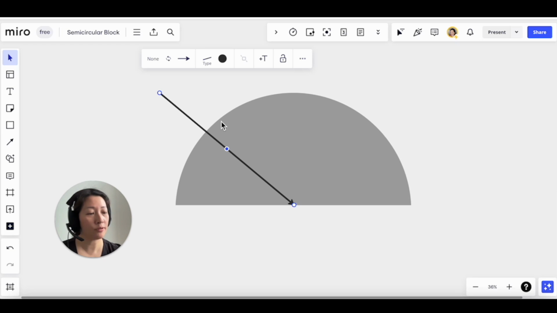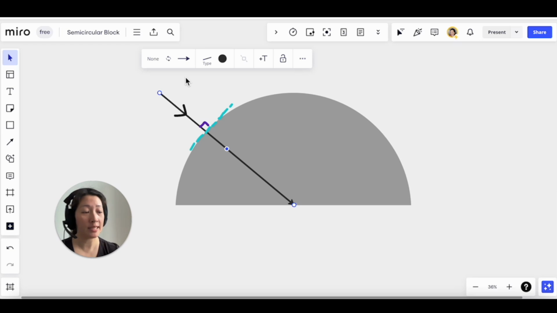So if I were just to draw some lines just to illustrate this, this is the tangent at that point on the circle. So the angle would be 90 degrees. So if this line was our incident ray, it would be traveling parallel to the normal line or overlapping the normal line.